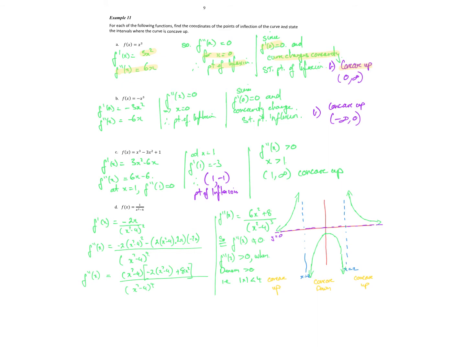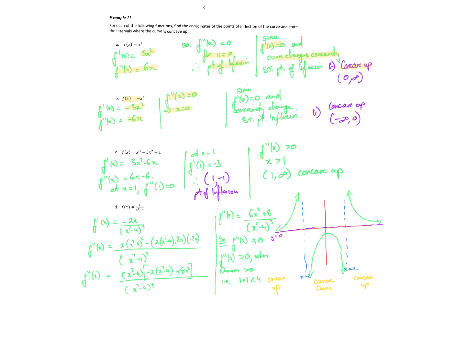Similarly, if f of x equals negative x cubed, then my first derivative is negative 3x squared and the second derivative is negative 6x. Again, f double dash equal to 0 means that x is equal to 0. I don't like the way this is written now, so I reckon I'm going to change that.